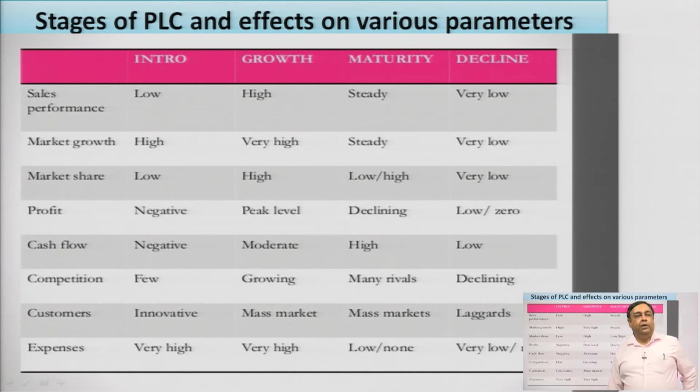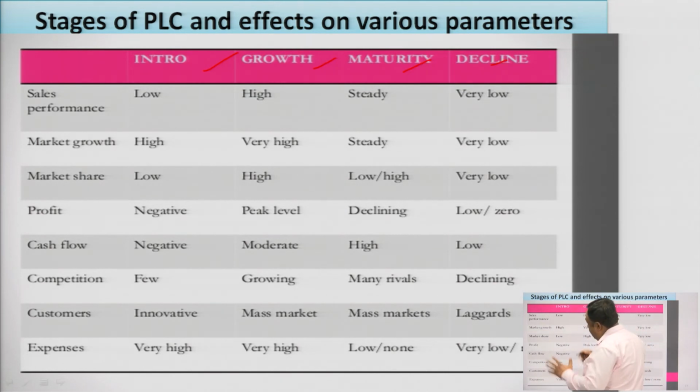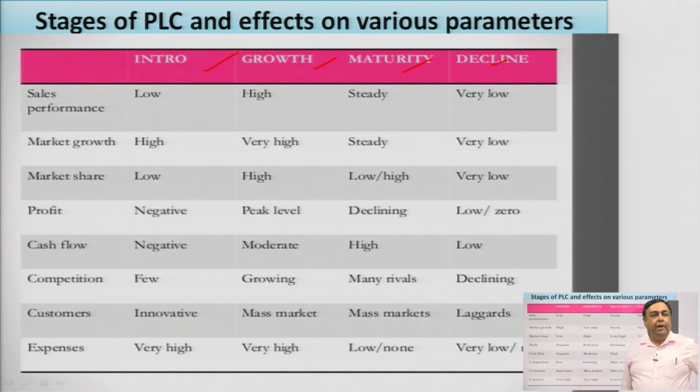Next, we are trying to show you the various phases of introduction, growth, maturity and decline. We will discuss in terms of the sales volume, the market growth, market share, profit and so on. Just compare the 4 phases of a product life cycle with the various parameters which are mentioned here.